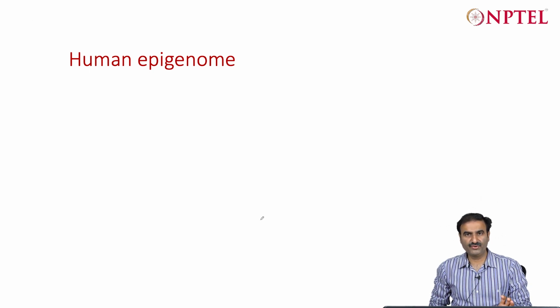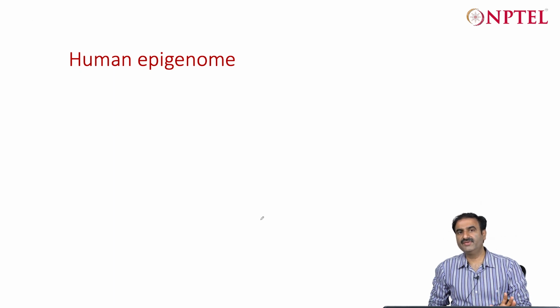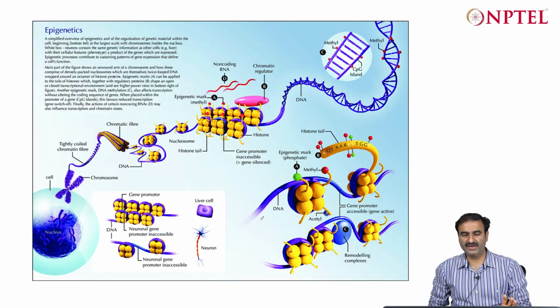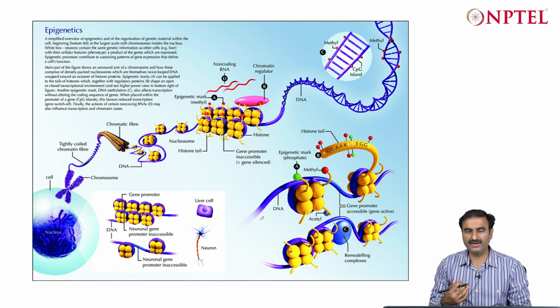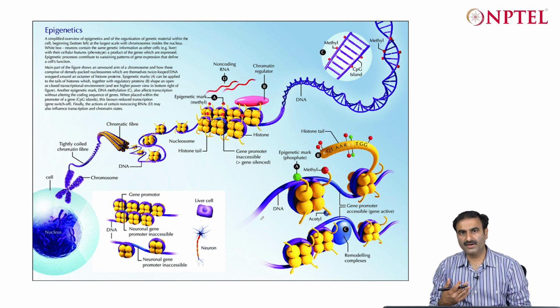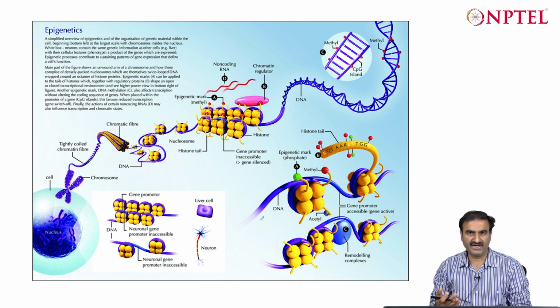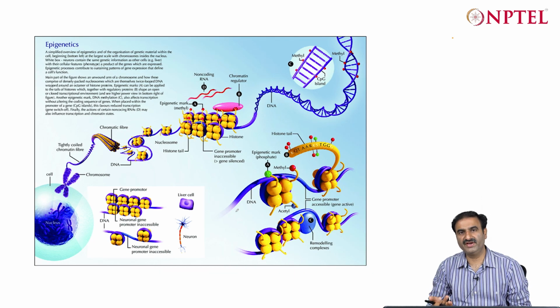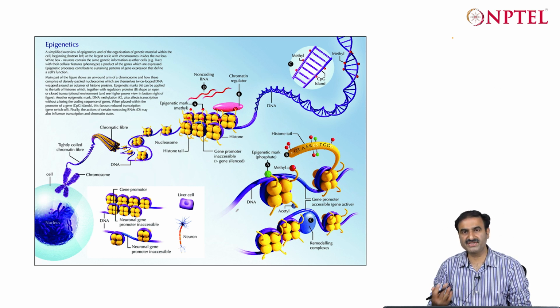Similarly, the epigenome, as we talked about earlier in the previous lecture, is one of the important aspects which should also be studied along with the other omics, because it is the methylation pattern of the genome, of these CpG islands or the Cs in the genome, or the histone modifications, which may impact the expression of genes, which ultimately are the functional moieties and play a very important role in the health and disease of an organism.